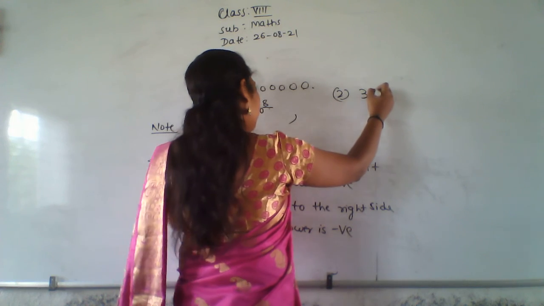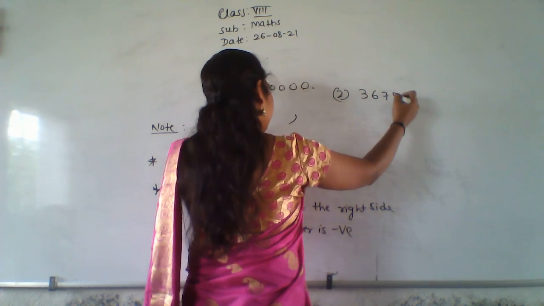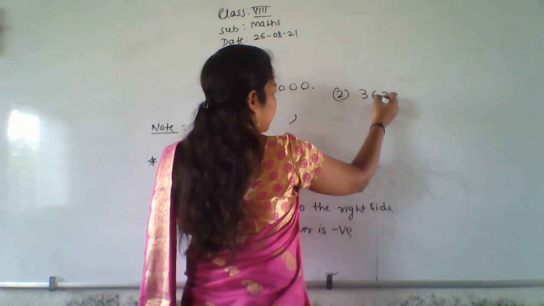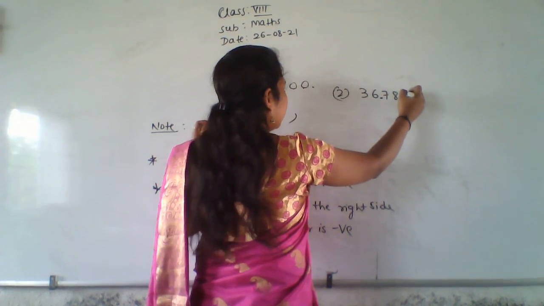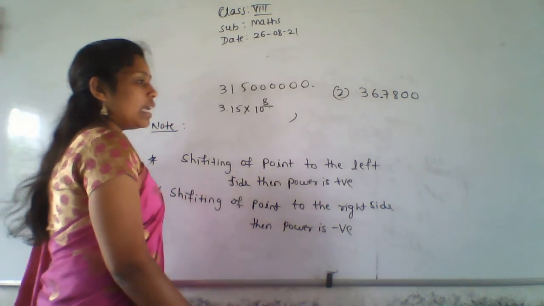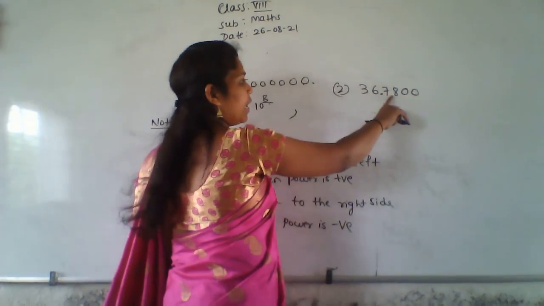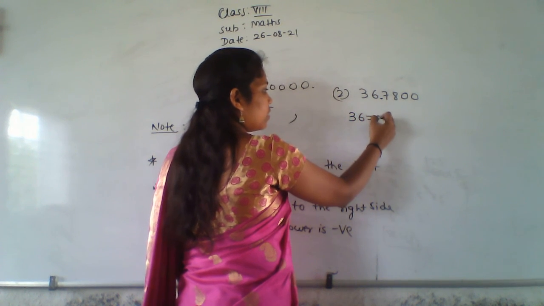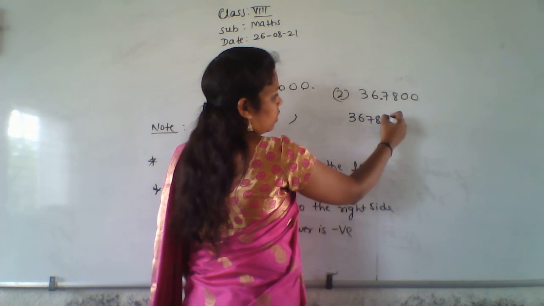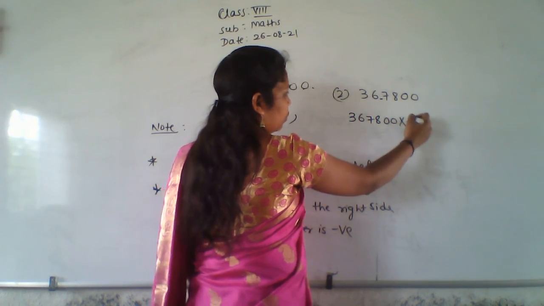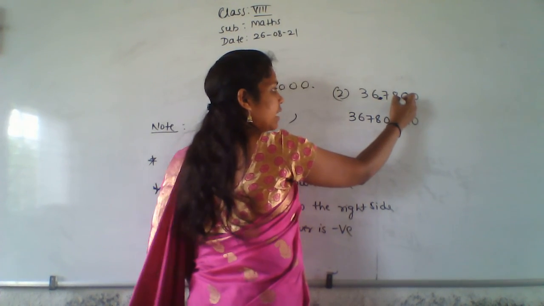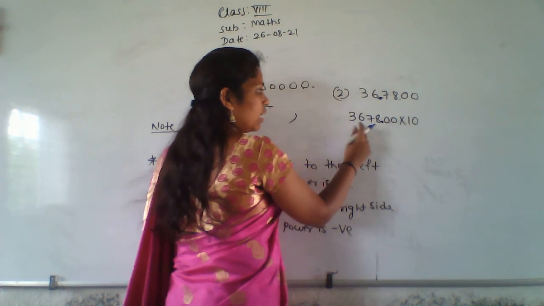3678, or it is like this, 36.7800. If you are shifting the point to the right side, 3678 into 10 to the power what?